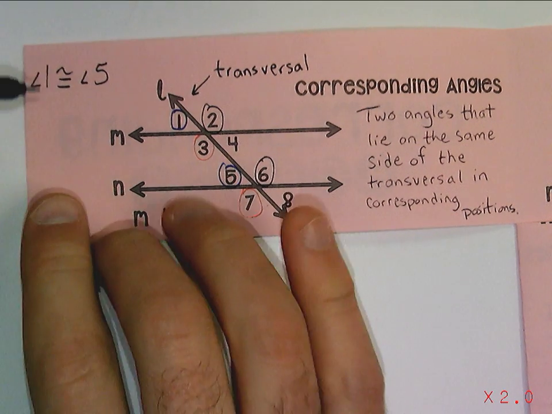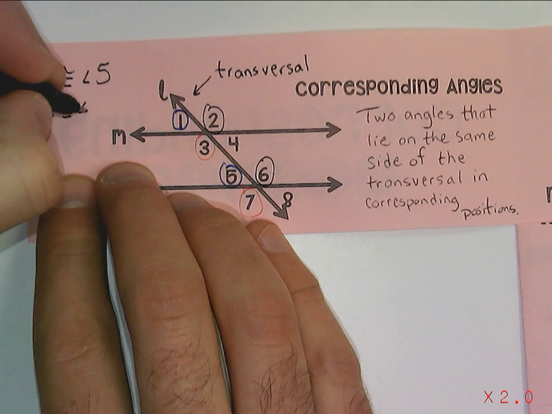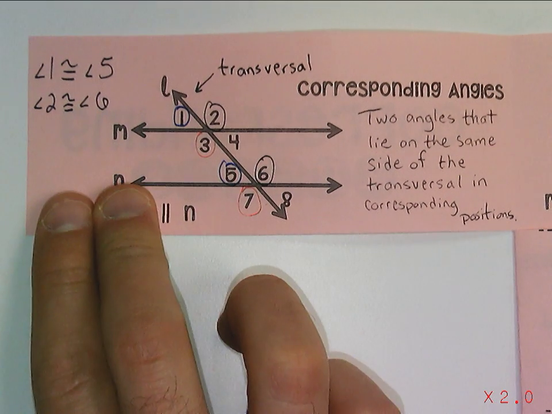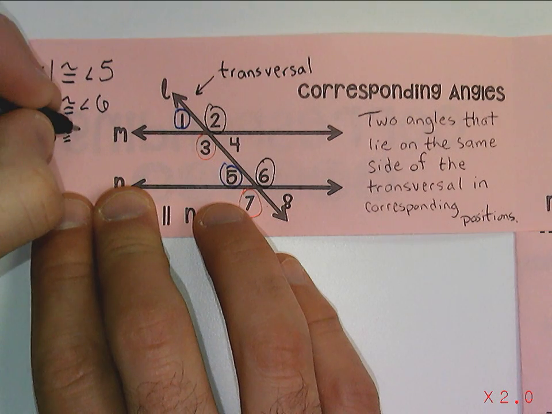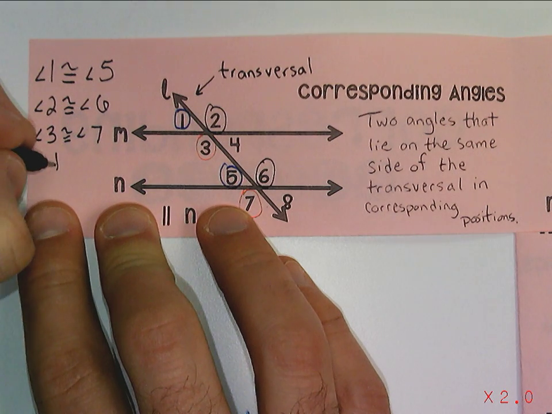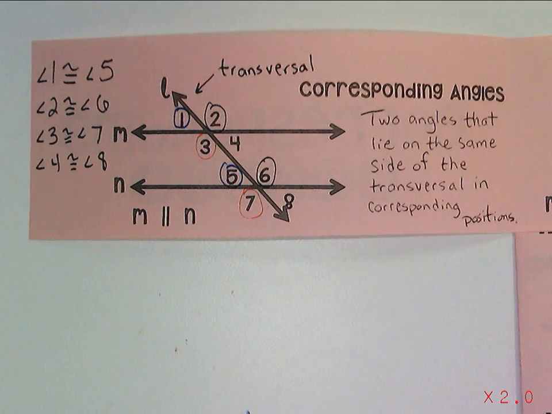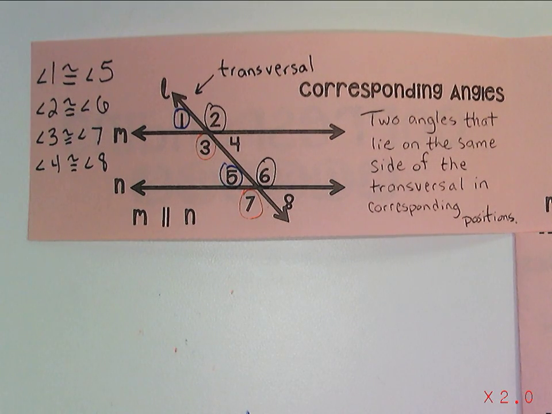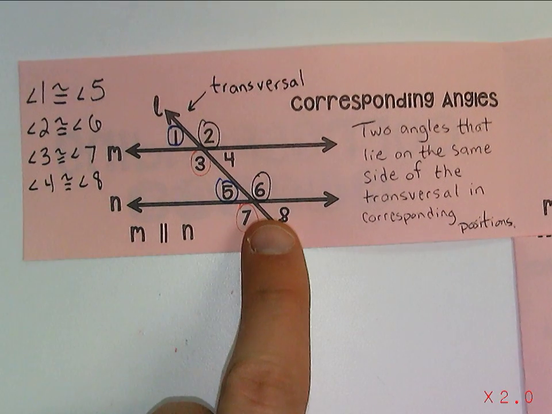Then we said 2 and 6 are also congruent or corresponding. 3 and 7, angle 3 is congruent to angle 7. That means they have the same measure. And angle 4 is congruent to angle 8. So all of the angles that we have circled in here and that have corresponding colors, those would all be known as corresponding angles. And that's two angles that lie on the same side of the transversal in corresponding positions. And we have identified all of those.